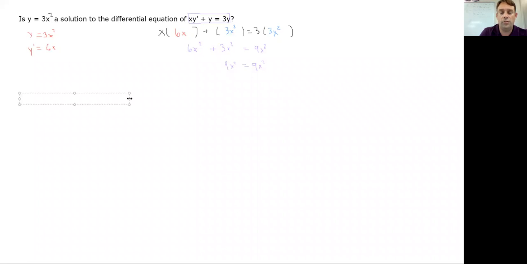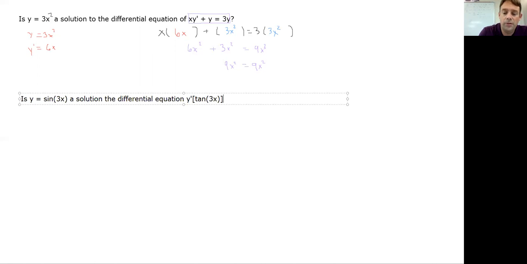Before we get too far, before we start playing with general and particular solutions, I want you to try one of these yourselves to see how you do. Is y equals sine 3x a solution to the differential equation y prime times tangent x equals 3y?